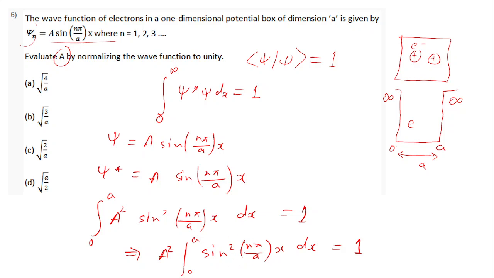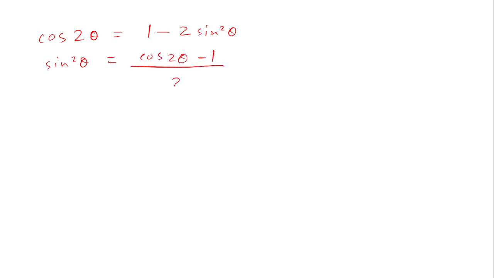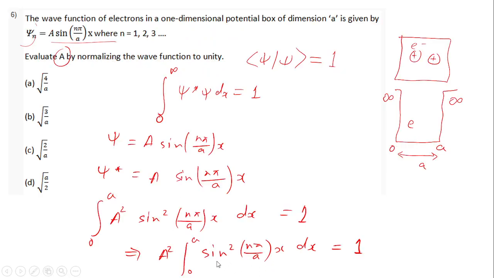We can use one trigonometric identity: cos 2 theta is equal to 1 minus 2 sine square theta. In terms of sine square theta, it will be, wait, sorry, sine square theta equals 1 minus cos 2 theta divided by 2. When we apply this identity here, we see this is sine square and this whole thing is theta.